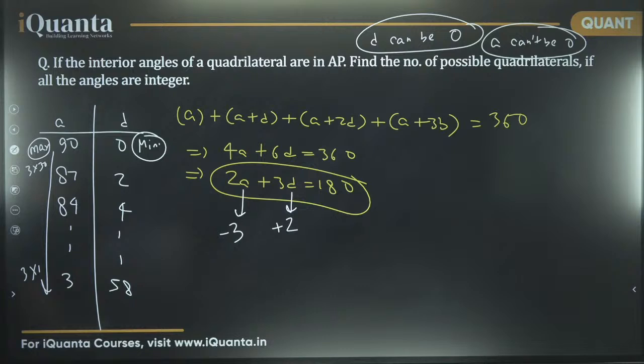So those who wrote 29, I think they cancelled out the term when D is 0. No, Aditya.